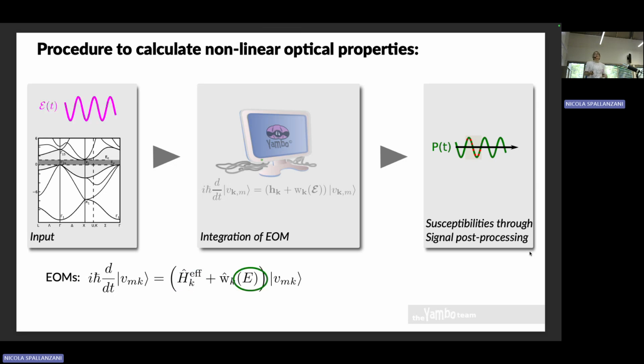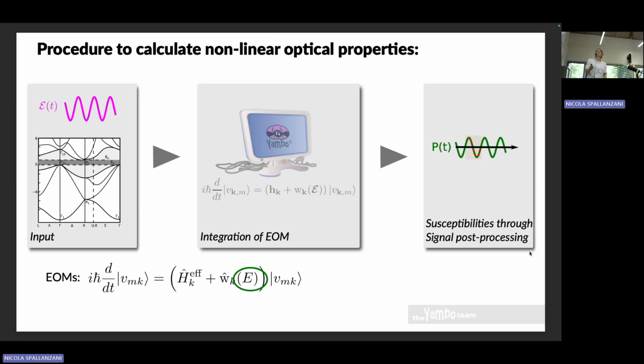This is very different if you are used to calculating the susceptibility directly using linear response, where you don't have a physical field but just a mathematical perturbation that goes to zero. Here, we need to define the electric field.